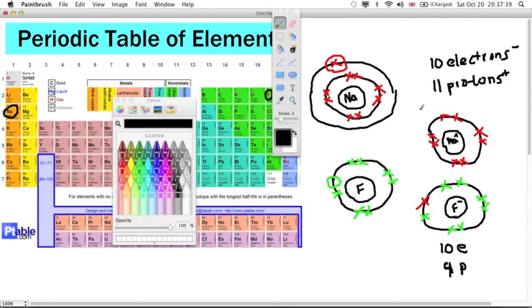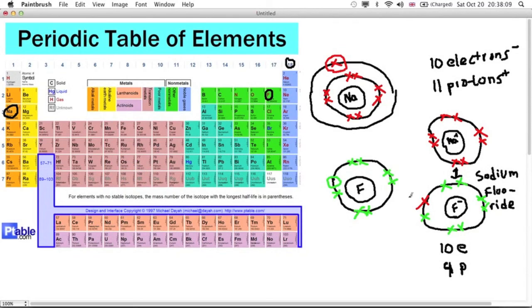So fluoride's overall charge becomes negative. And in chemistry, negative and positive forces attract. So these two attract and they become one. And well, yeah, they become sodium fluoride. Sodium. Sorry. Sodium. Sorry about that. Fluoride.